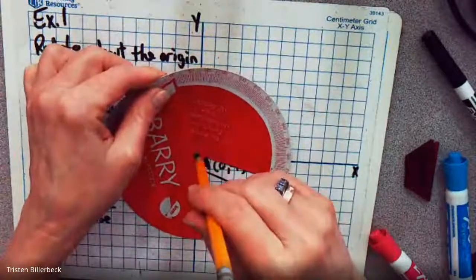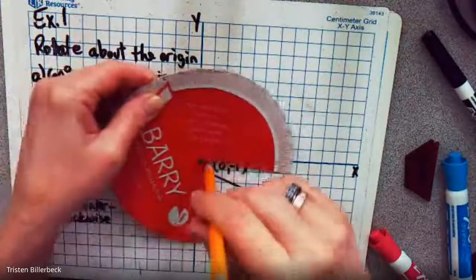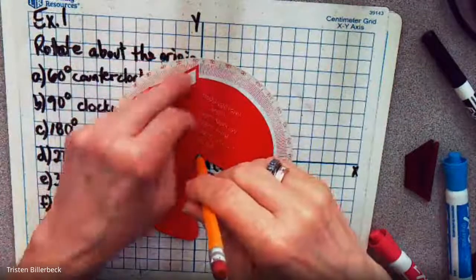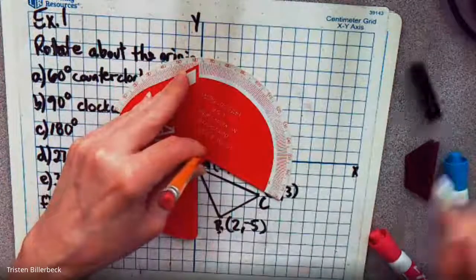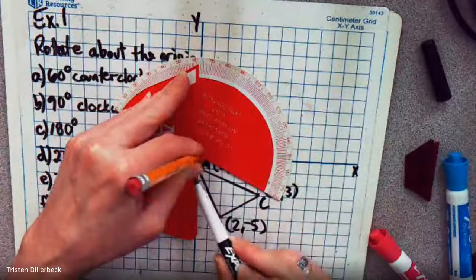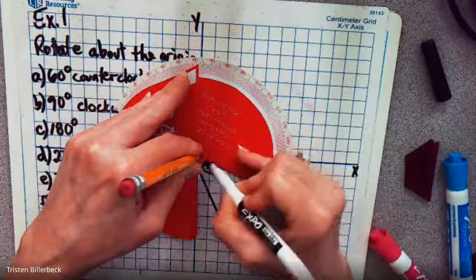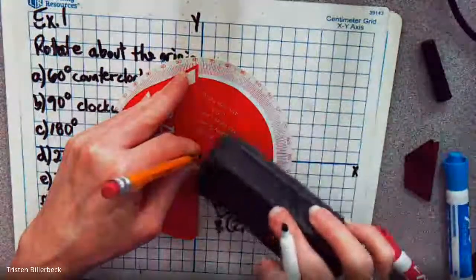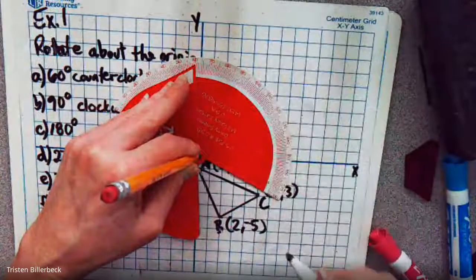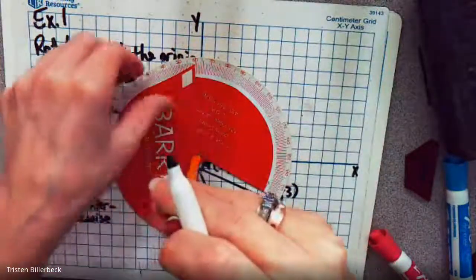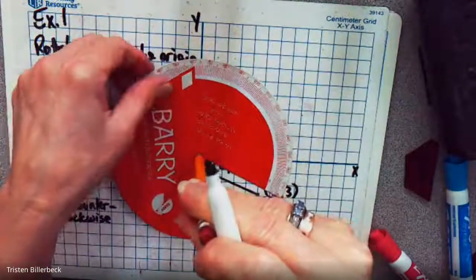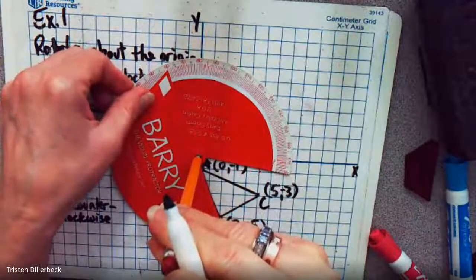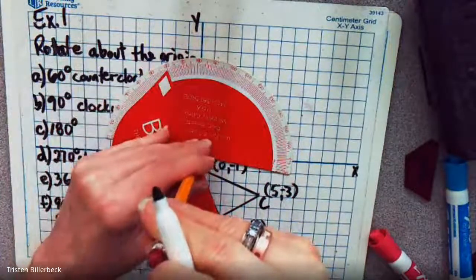I'm putting this on the origin, and I line up my first point. I have A right here at 1, so the new A is going to be right here at this one. Then I carefully move this protractor, making sure it stays at 60.